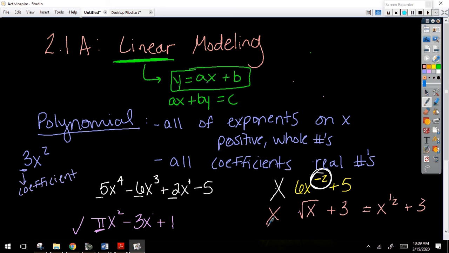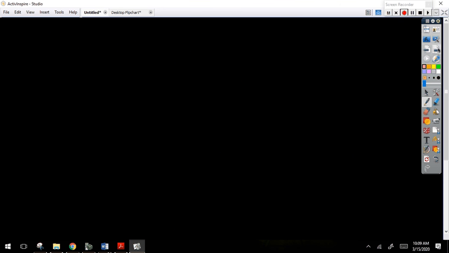All right? Just so we can identify what is and is not a polynomial. Now, there are some parts of the polynomial that you need. Remember, I'm showing you all this because a linear equation, if I have 5x plus 1, that is a polynomial. The coefficients are whole numbers, the exponents are positive, okay?